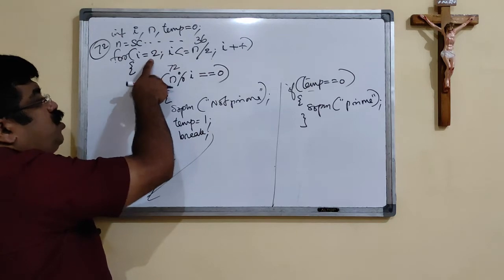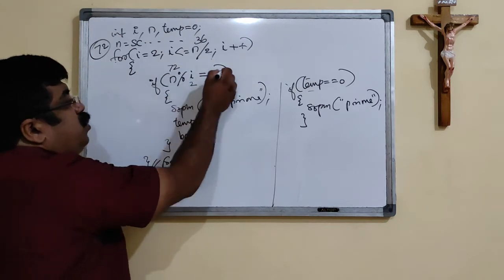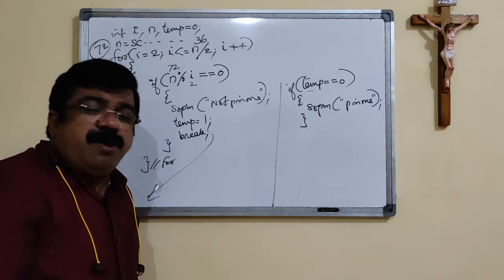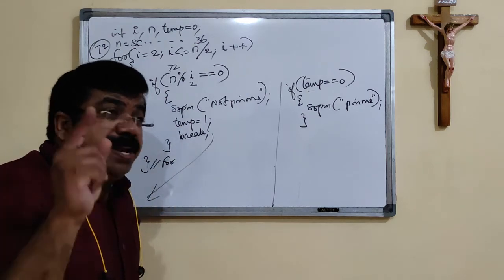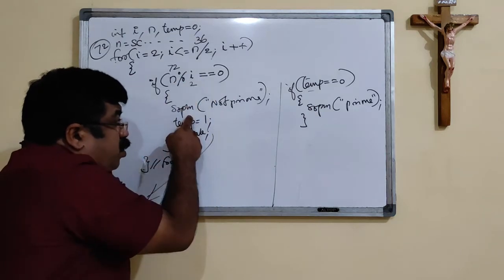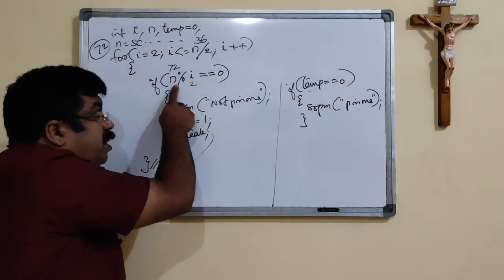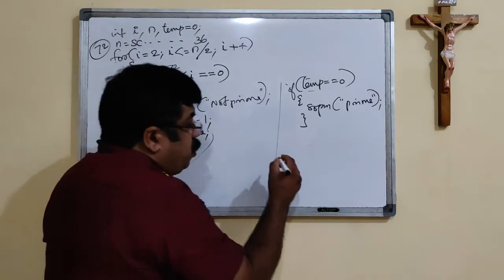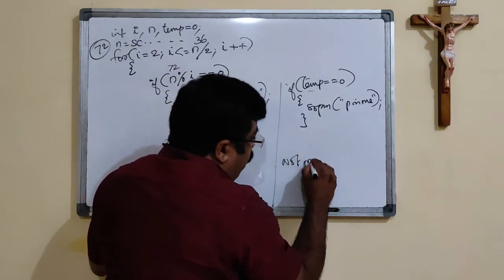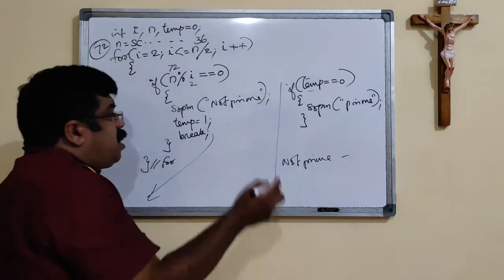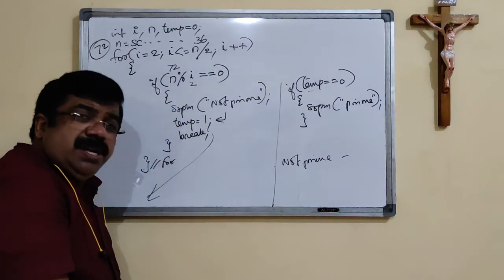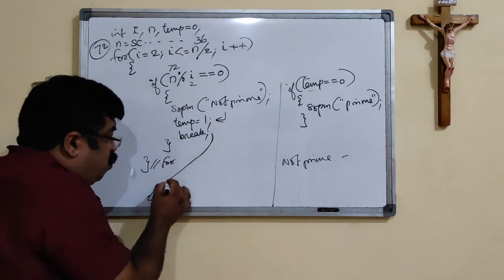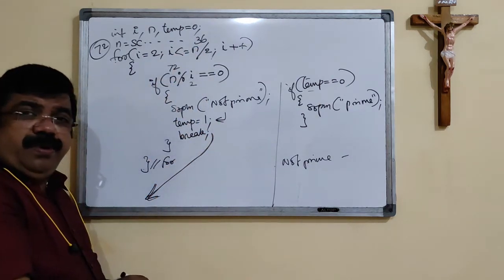Modulus i is 2. 72 modulus 2 is equal to 0. No doubt, 72 can be divided by 2. Immediately we come to the if statement because the condition is true. System.out.println not prime. What is the output? Not prime. And then we gave temp the value 1. Break is forcing you to come out of the loop.